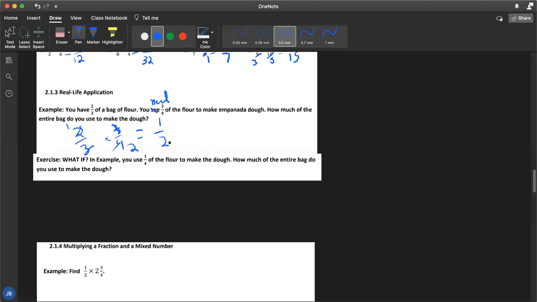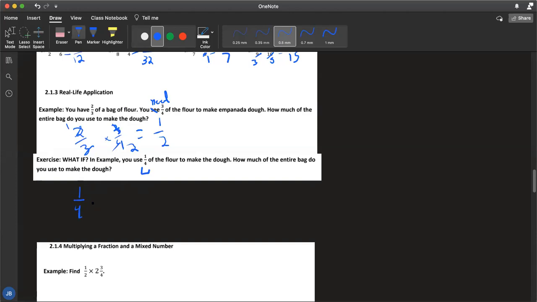Awesome. Okay. What if, in this example, you use 1/4 of the flour to make the dough? How much of the entire bag do you use to make the dough? So you use 1/4 of the flour to make the dough. How much of the entire 2/3?